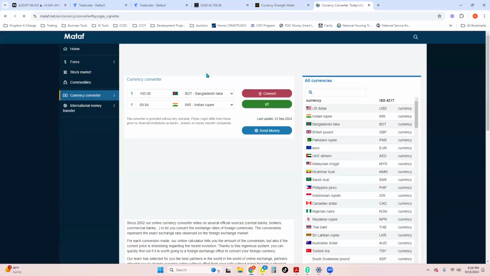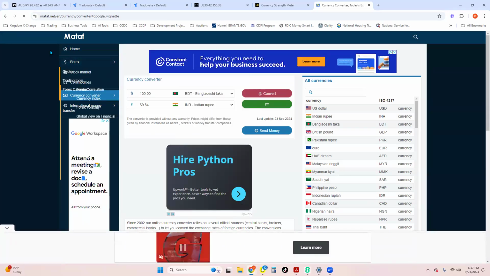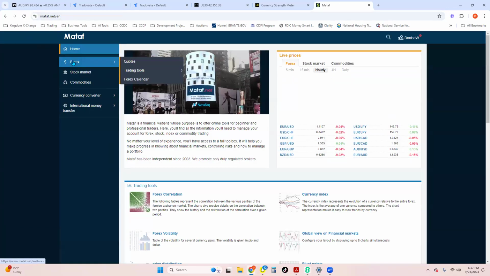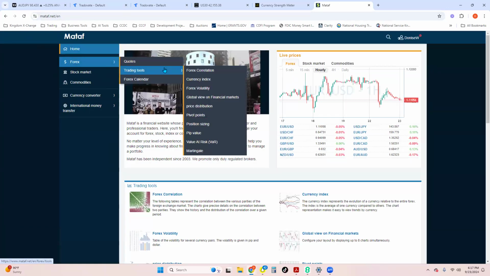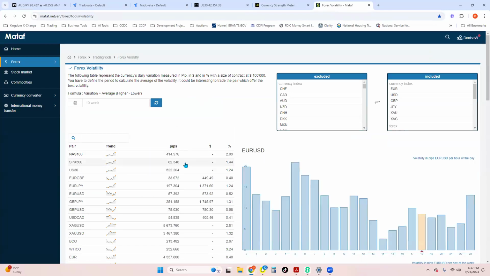The other thing I wanted to take you guys to, and it's not for that, is mataf.net. The reason I wanted to take you there is because they have a lot of tools. I took you there before to look at the Forex volatility when we were trying to do ATR. But one of the other things it's really good for is the calendar.